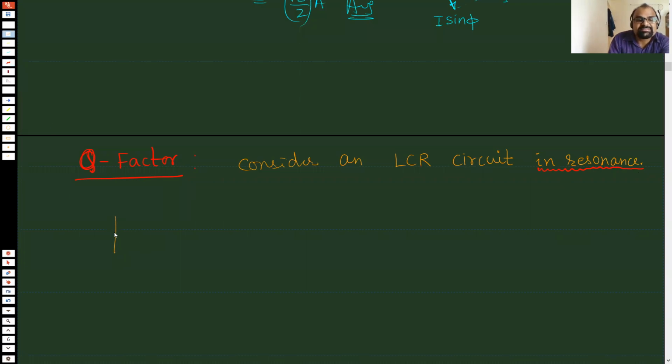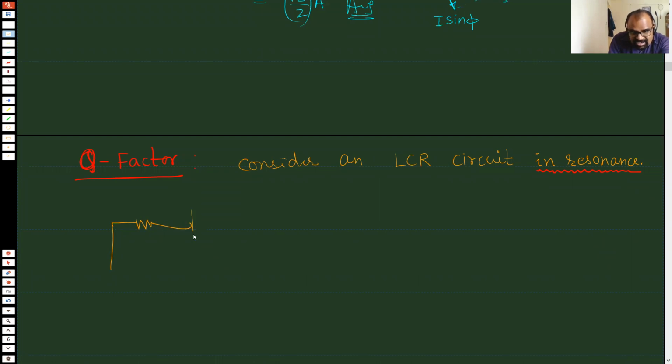So let me draw that LCR circuit. Oh my God, what happened? Okay, I decorated it once more. I wanted to highlight that fact.